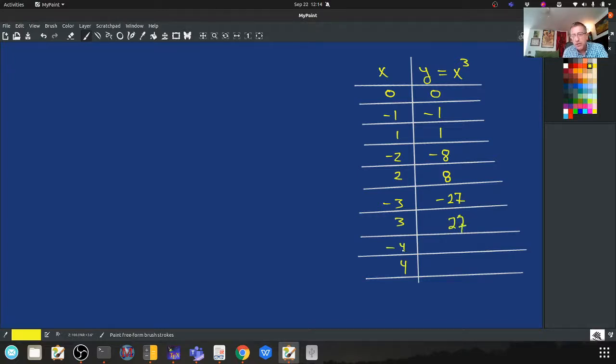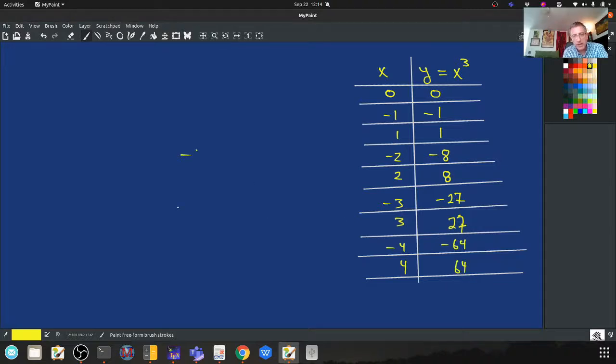And minus 4 cubed is 4 times 4 is 16 times 4. My gosh, I don't know. What is minus 4 cubed? It's minus 64. And 4 cubed is 64.